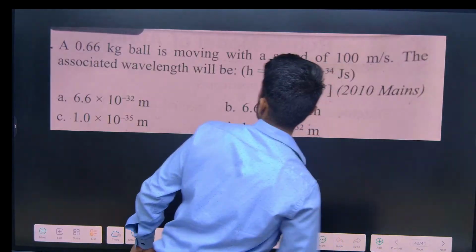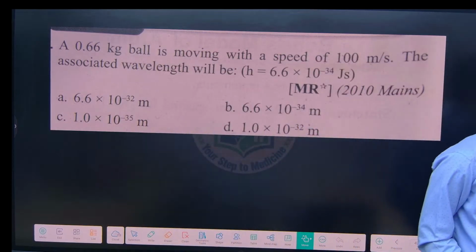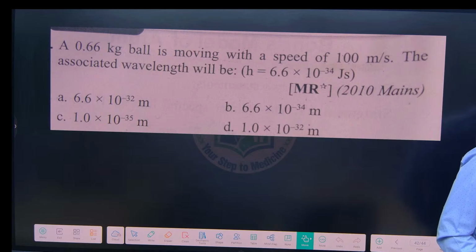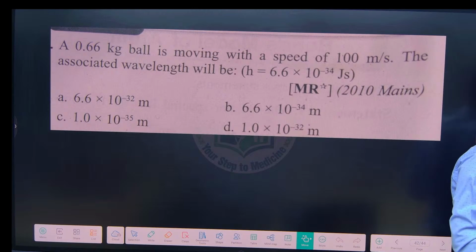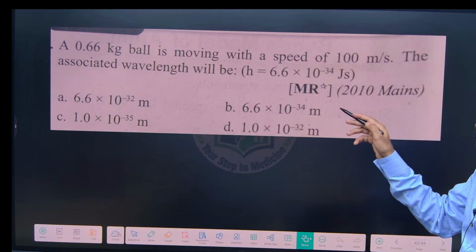Next, this one, you tell me from where it is again. See, 0.66.